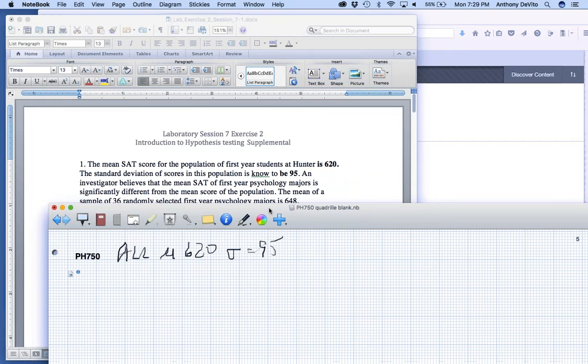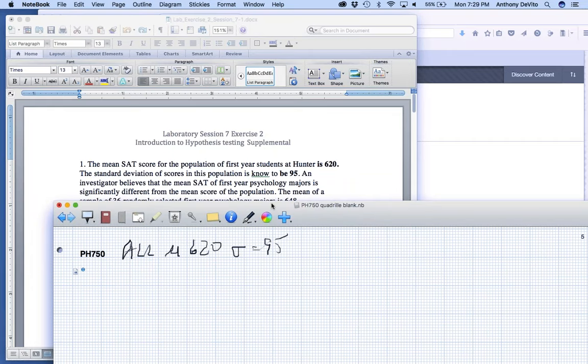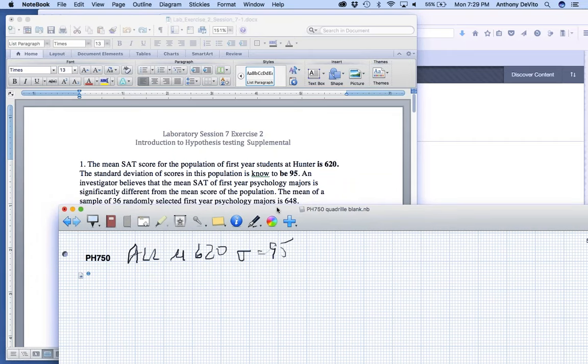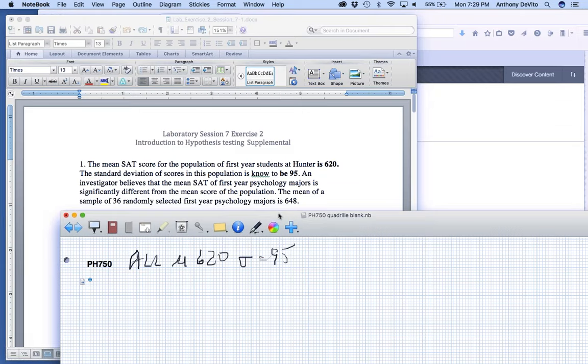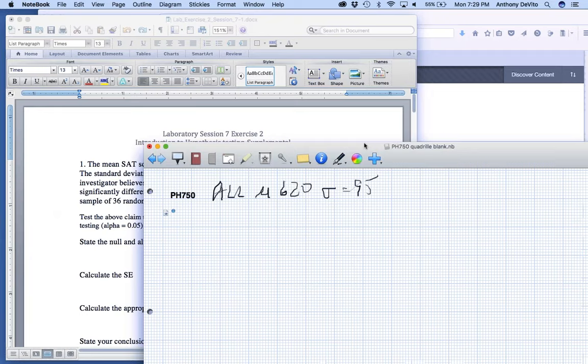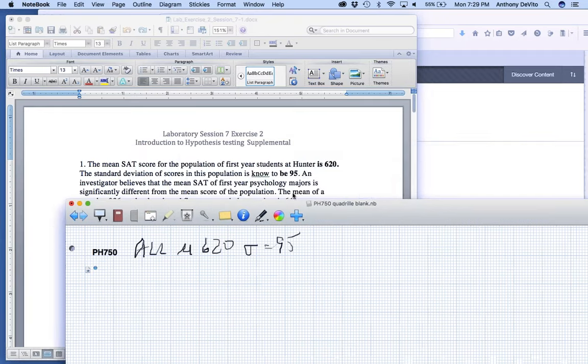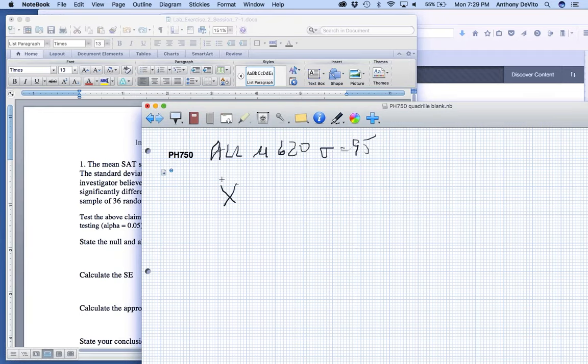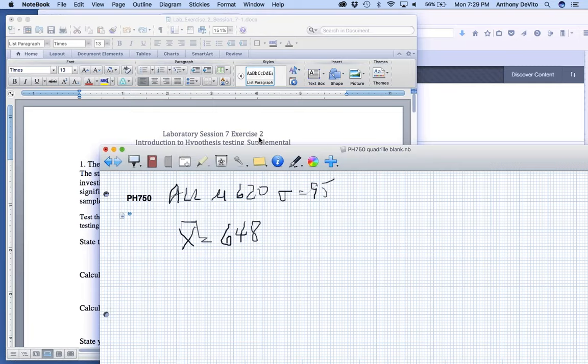But now we're interested in how this compares to psych students. We didn't have time to sample all the psych students, so we were only able to get a sample of 36. The mean there was 648. X bar is equal to 648, and the sample size was 36.